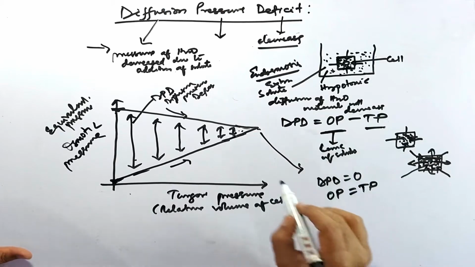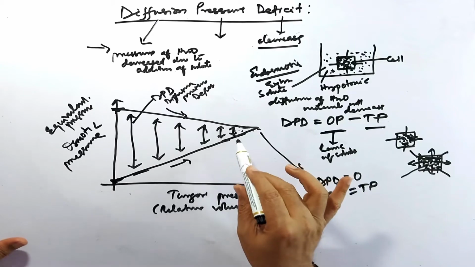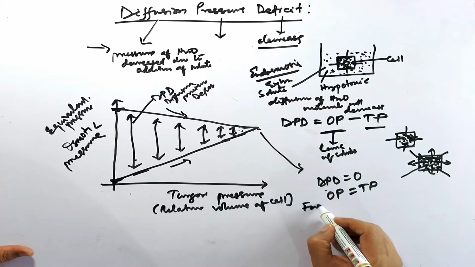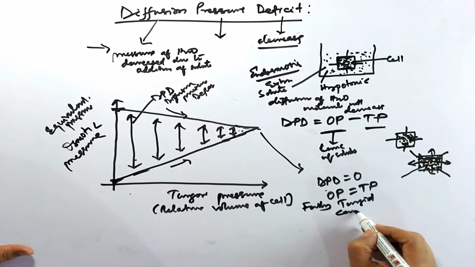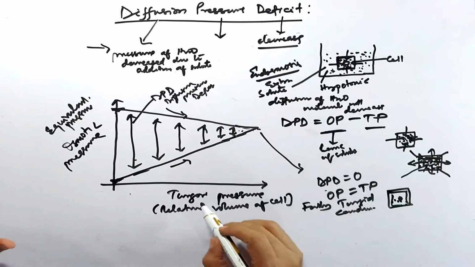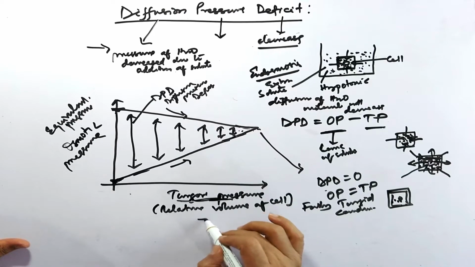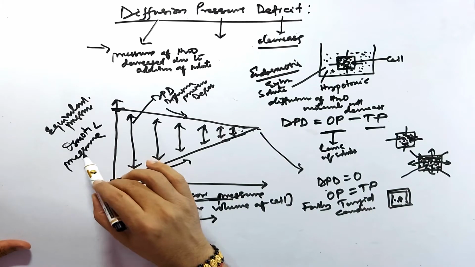This is called DPD is 0, meaning fully turgid conditions, where the cell is fully swollen and no more water can enter it. The turgor pressure is because of the entry of water into the cell, and the osmotic pressure is because of the solute inside it.